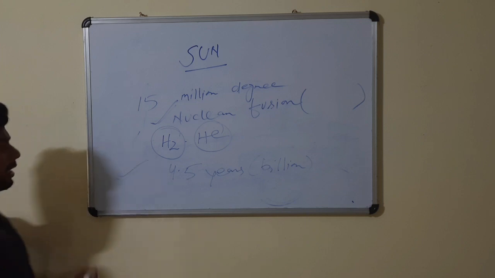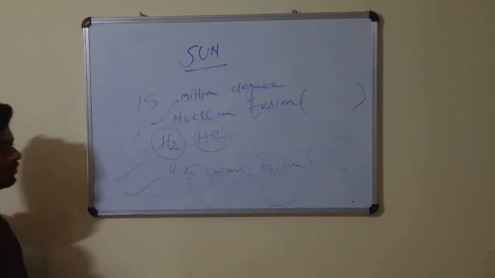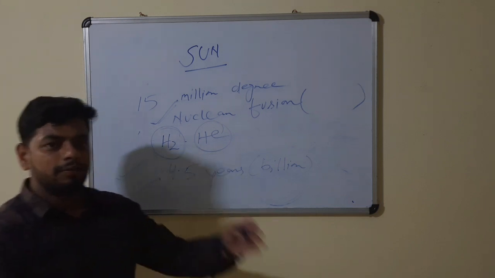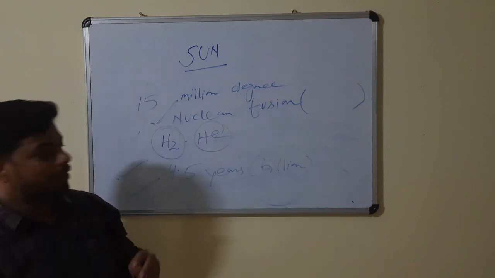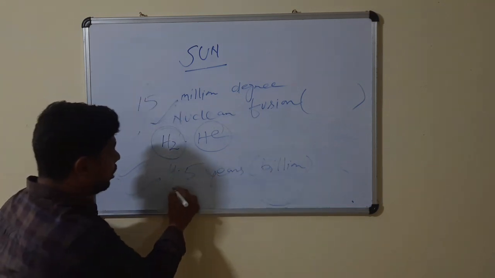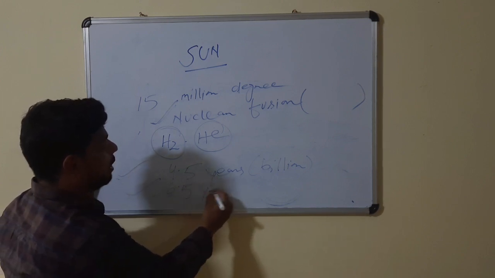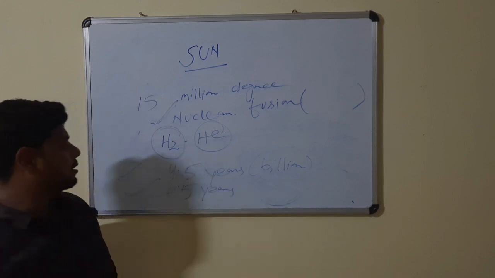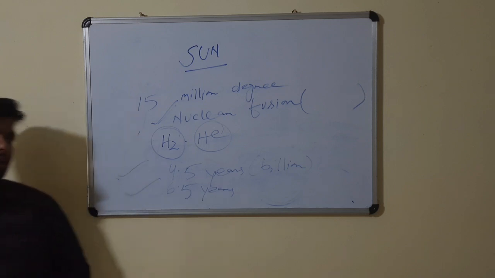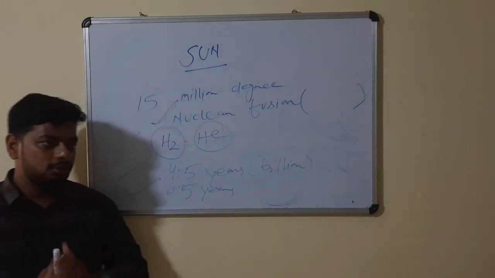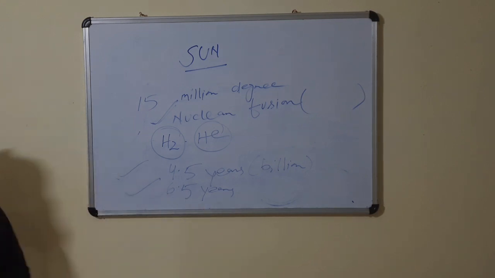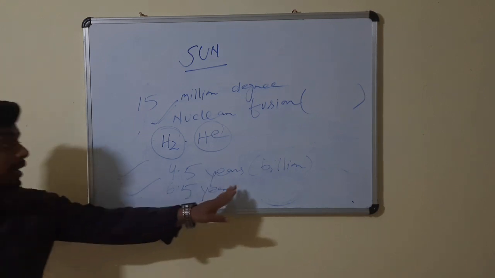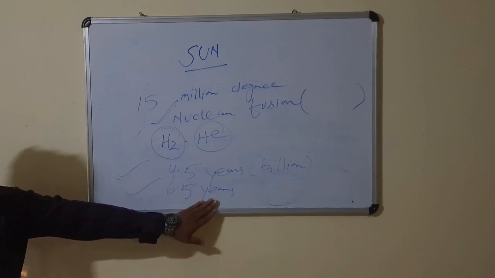Okay. In fact, it will also not last forever, because we know that nobody can live forever, right? It also has a lifespan. The scientists estimated that the hydrogen fuel may be used up one day, around 6.5 billion years.